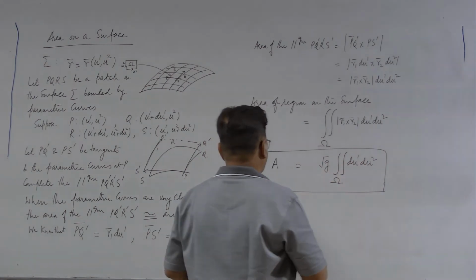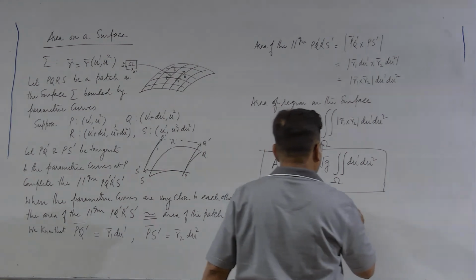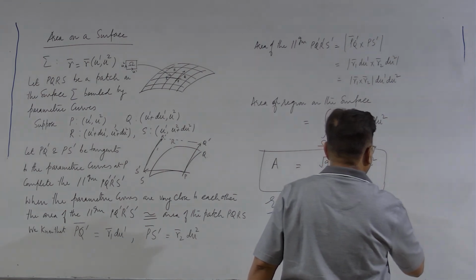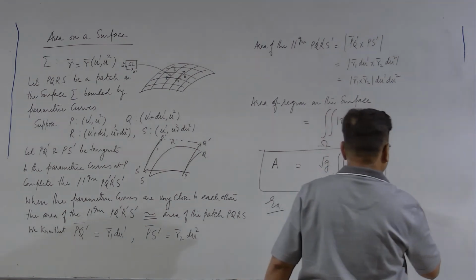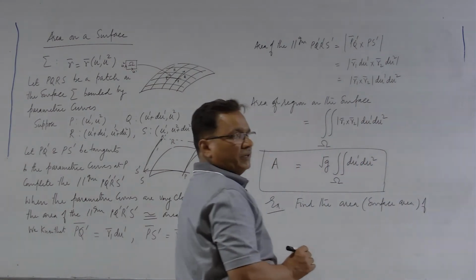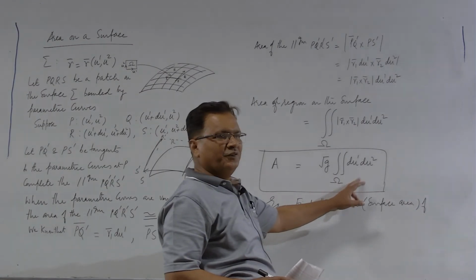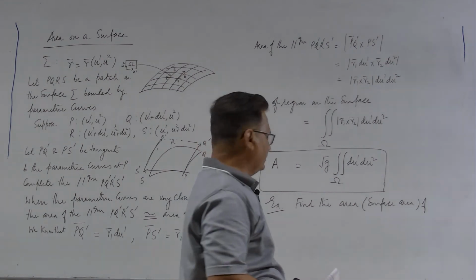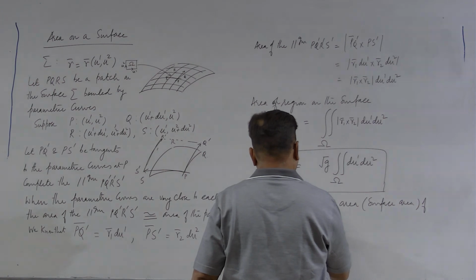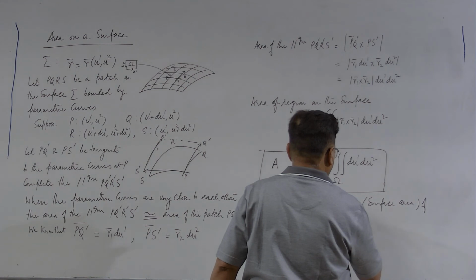So, find the surface area. Area means surface area, nothing else can be there. Yes, we already know what the area of a sphere is, but you try to make use of this formula. Find the surface area of the sphere S2.